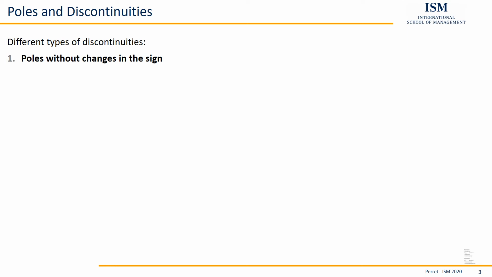And here we actually have two possibilities. As we said before, we have the left-sided and the right-sided limit. If the left-sided limit goes to the same infinity as the right-sided one, so for example, both go towards plus infinity, we call this a pole without a sign change.